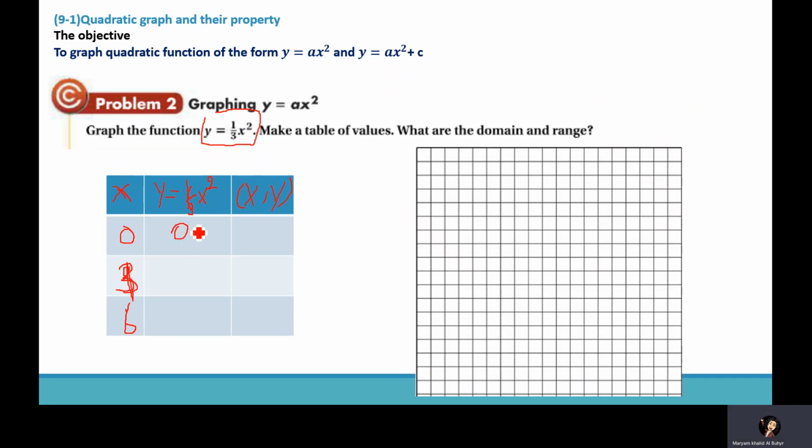3 to the power 2 is 9, so 1/3 times 9, 9/3, will be 3. So y is equal to 3, and the point will be 3, 3. Here it will be 0, 0.